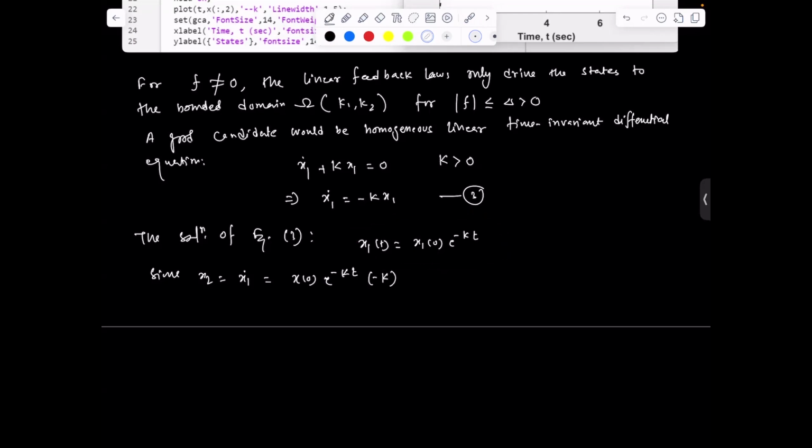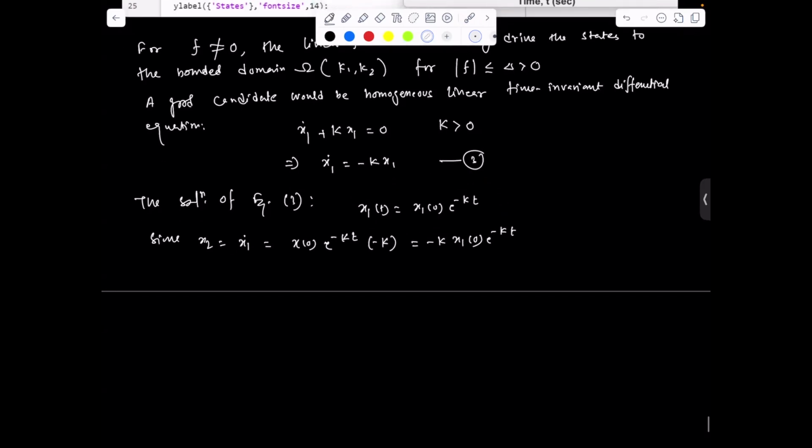We notice that both x1(t) and x2(t) converge to 0 asymptotically.